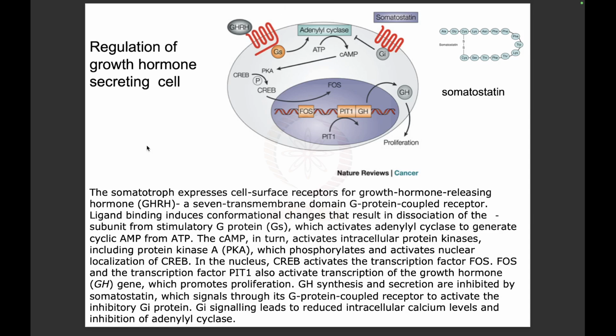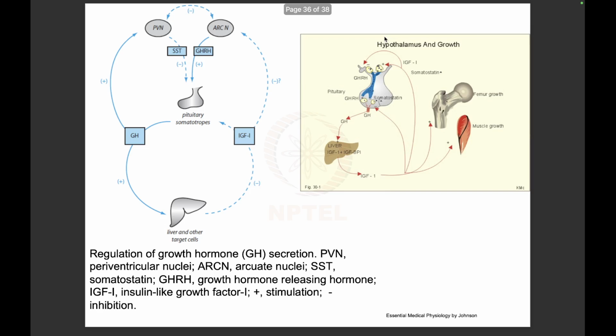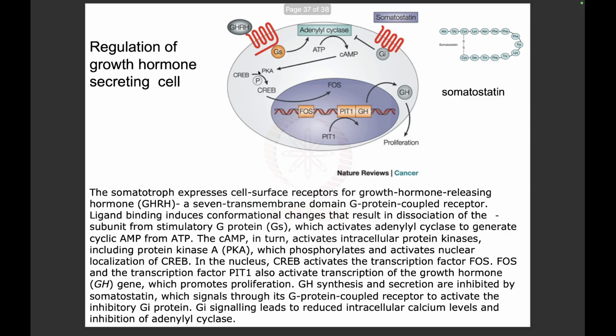So this is the regulation of growth hormone in the secreting cell. The somatotrophs express cell surface receptors. So what is somatostatin? We show you here: from the periventricular nucleus, somatostatin is released and inhibits the pituitary somatotrophs. And this is growth hormone releasing hormone, and this is somatostatin.